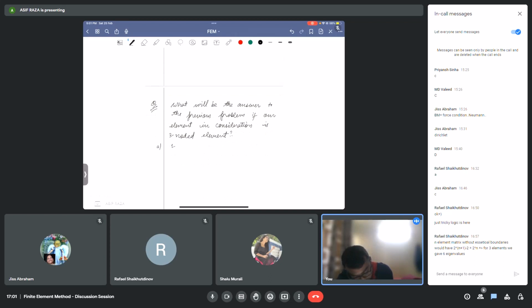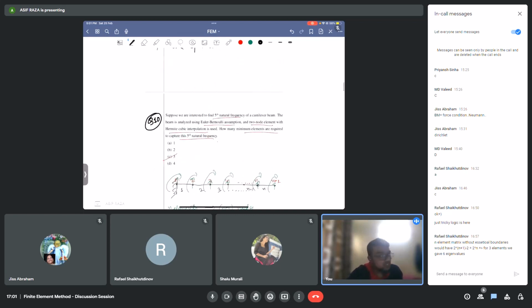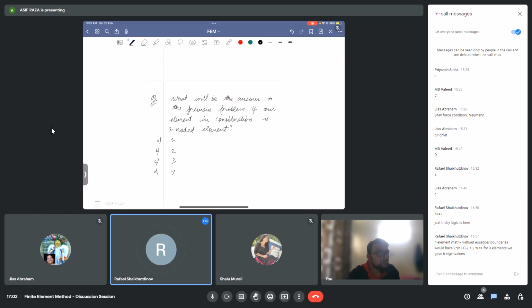So I hope you got the question. This was the earlier question: we wanted to find the fifth natural frequency of a cantilever beam using the Euler-Bernoulli assumption, and the two noded element with Hermite cubic interpolation was used. How many minimum elements were required to capture this fifth natural frequency instead of two nodes? Can I try to ask?